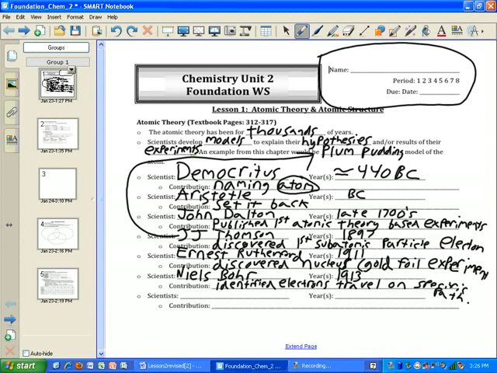All right. And since I don't want to butcher names, we'll just put the first name and the last initial of the last name for these next two scientists. So Erwin S. and Werner H. The time period we're looking at is the 20th century. There were many different scientists that contributed during this, and their main focus was the electron cloud.